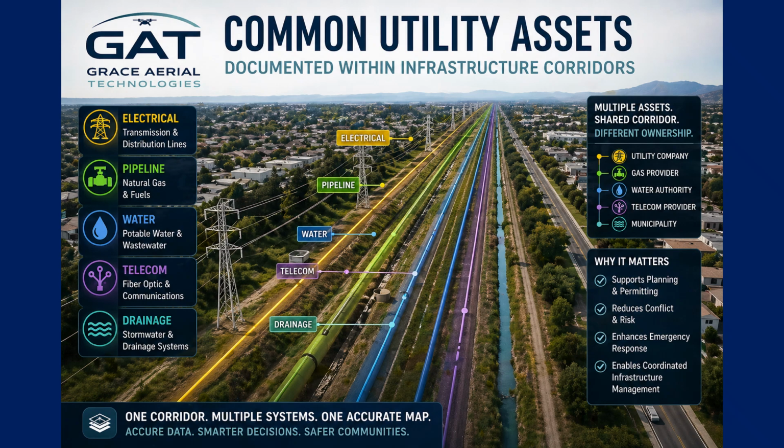These assets often lack spatial awareness of one another, even though they share the same corridor, and ownership differs between them. Understanding asset proximity and alignment is essential for planning, permitting, and emergency response. Utility corridor mapping provides a unified spatial view of these interconnected systems.